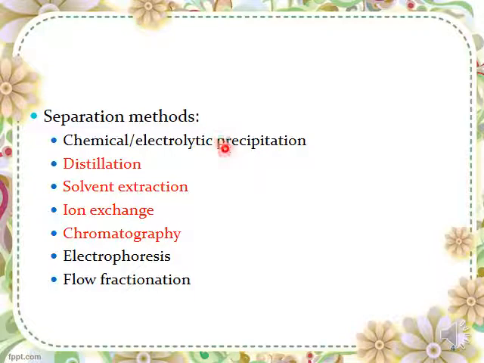So your analyte of interest is precipitated out from its solution. The next types are distillation, solvent extraction, ion exchange, and chromatography. These four will be covered in this learning unit, so we will look at them later on.